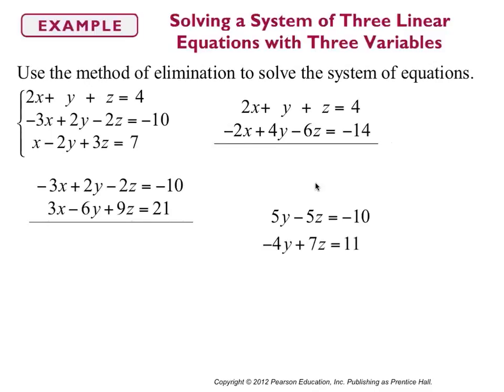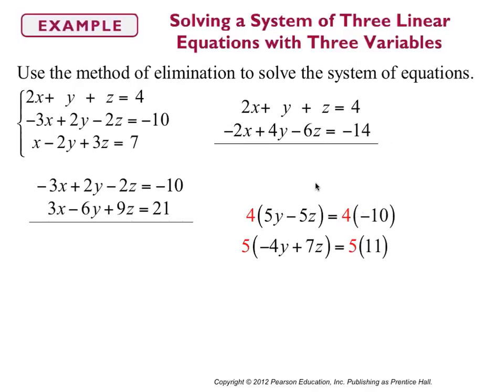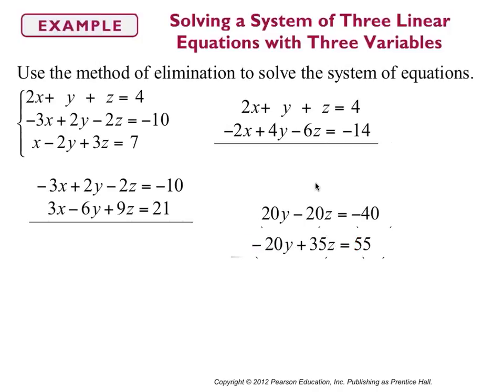Now, these aren't particularly nice, but we'll have to multiply our top equation by 4 and our bottom equation by 5 in order to end up with a 20y and a -20y that will cancel. So we get 20y minus 20z equals -40, -20y plus 35z equals 55. Add our equations together, and we get 15z equals 15, so z equals 1.